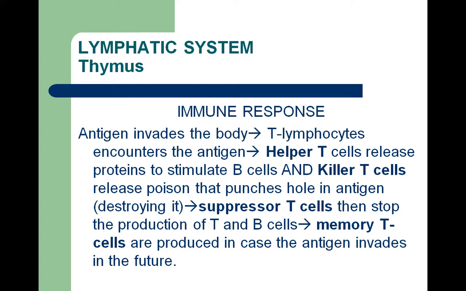Okay, so again, helper cells come up and meet the antigen, and in copying its structure, clone into 4 types of T cells: T helpers, T killers, T memory, and T suppressors. In addition to making these 4 clones, the T helper cells alert the B lymphocytes. Remember, those are the lymphocytes that mature in the bone marrow.